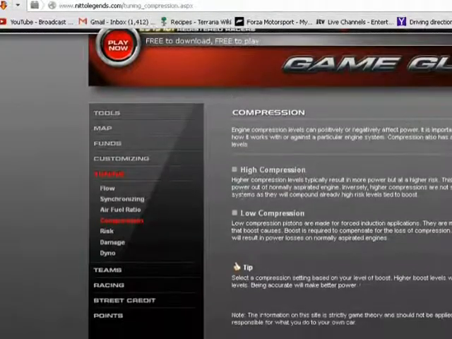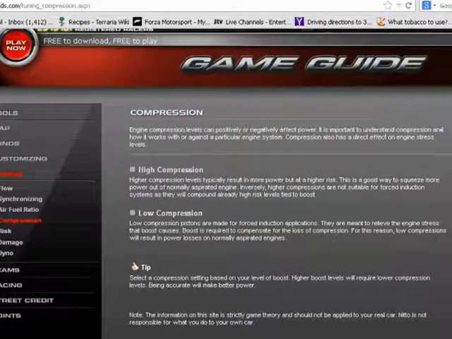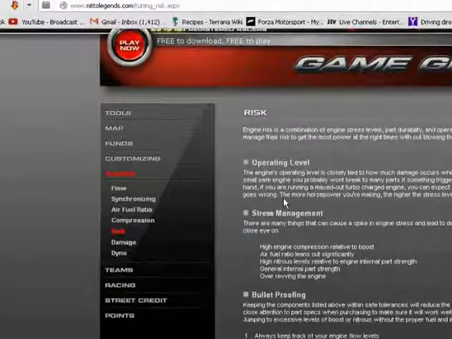Let's go on to compression. You can read about this. High compression typically results in more power but higher risk. Low compression is perfect for boosting; it compensates for the loss of compression. I'm just reading off little sentences here and there. Of course, risk: read this, I highly recommend it.